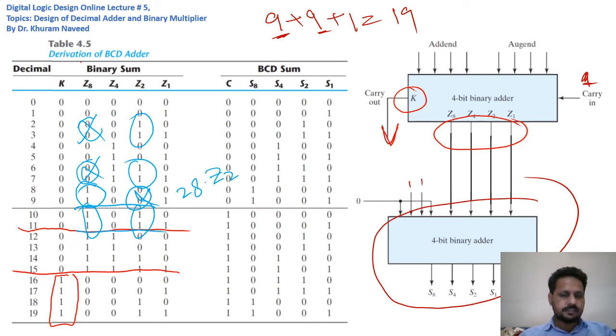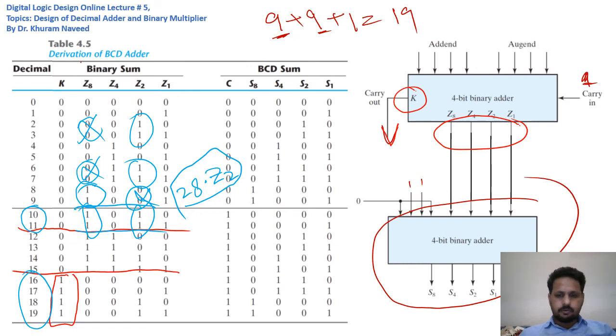In case the AND of Z8 and Z2 is 1, it means the sum here is either 10 or 11, right? So now we have found conditions for adding 6 to the digits 10, 11, and 16, 17, 18, and 19, right?